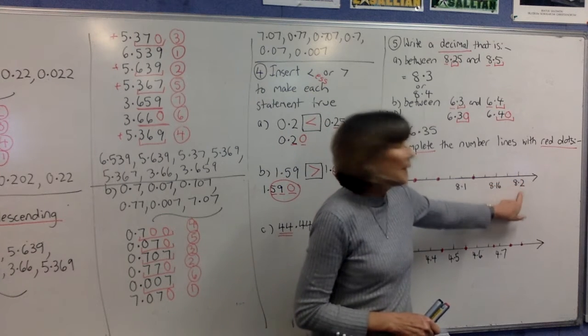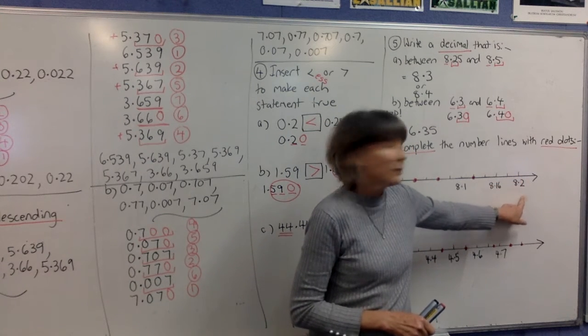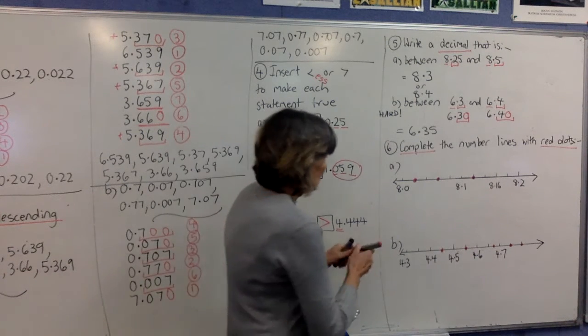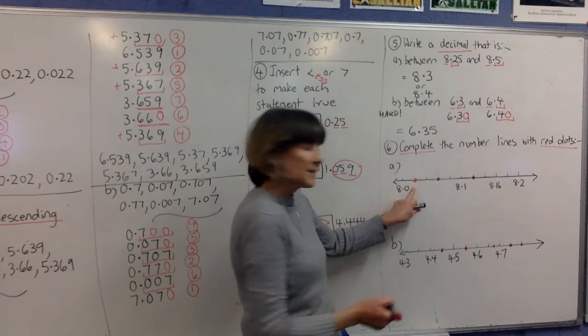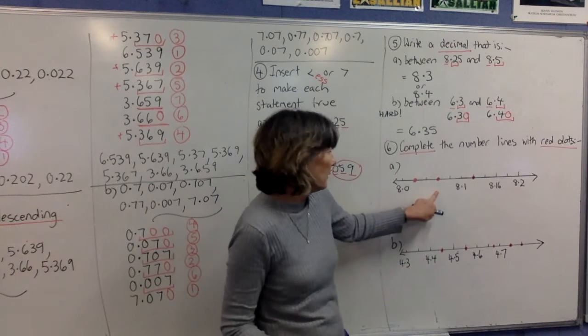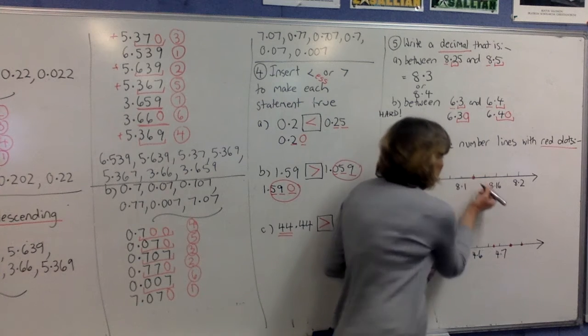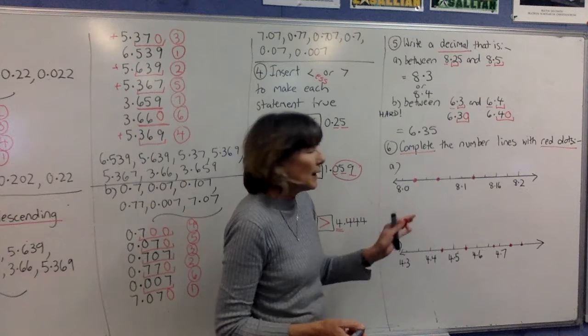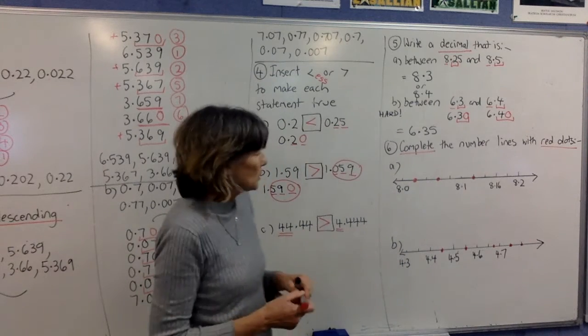And then under that last mark, the 11th mark, you'll write 8.2. Now the red dots are here on the second mark, here on the fourth mark, and here just one mark past the 8.1. And we have to tell them what those decimals are.